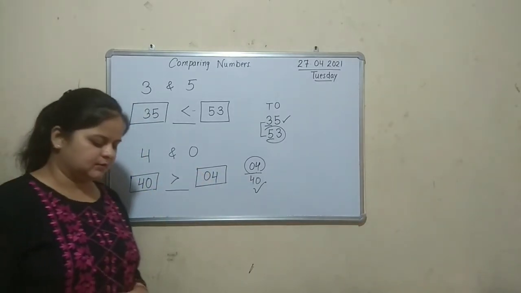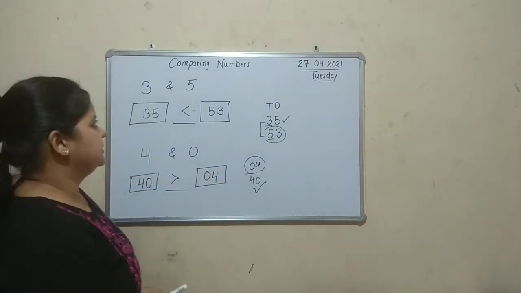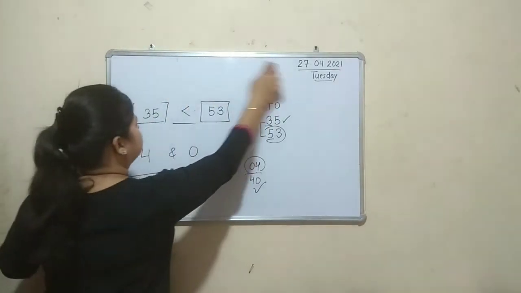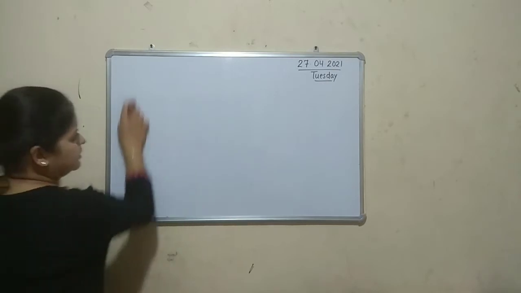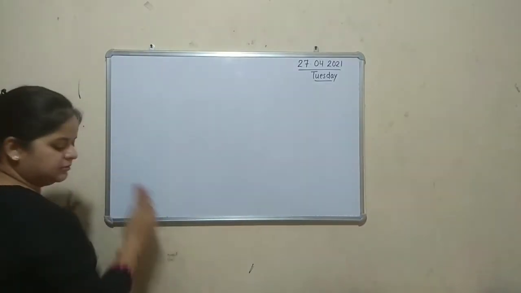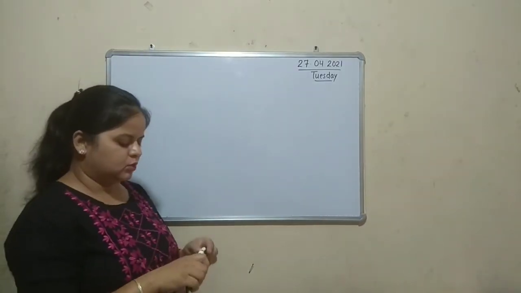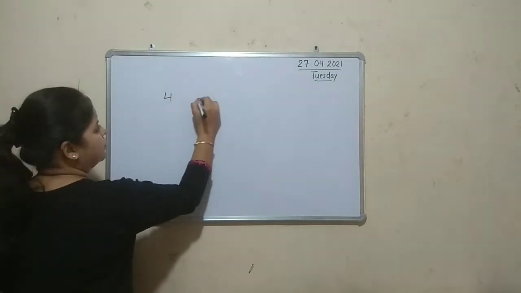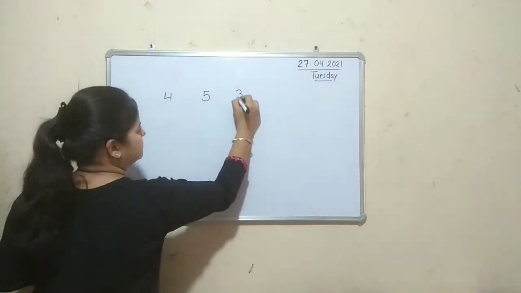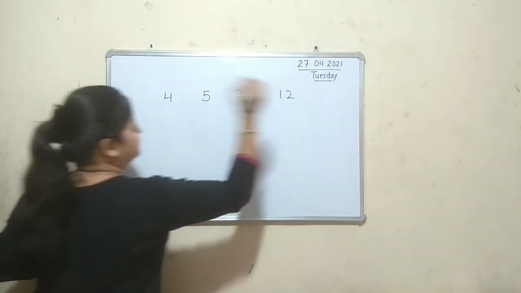Okay, understand? Now my dear students, you all know the greater and the smaller number. You can do the comparison between numbers. So now I will show you 4, 5, 32, 12.